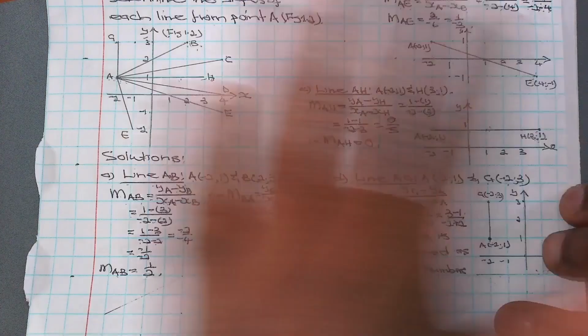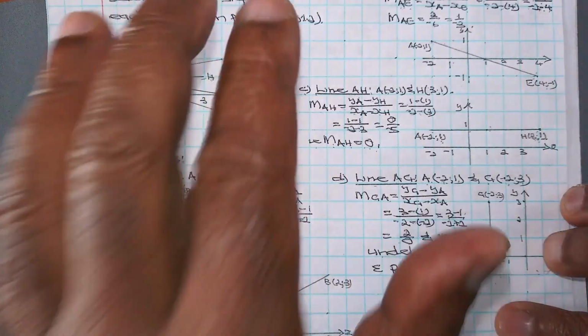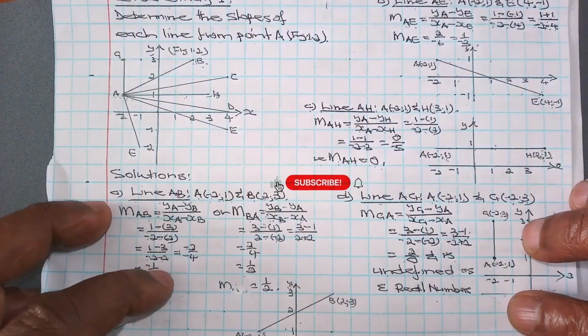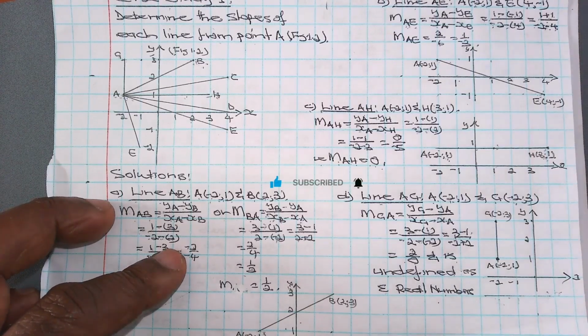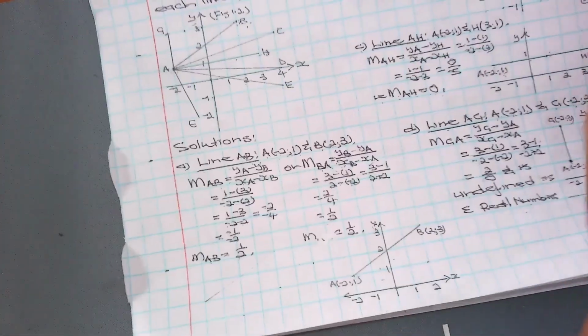Now, if you can comprehend this and memorize all this, you are perfect when it comes to comprehending the slope. I would like to add something here. I'd like to show you how quick it is to sketch these graphs.